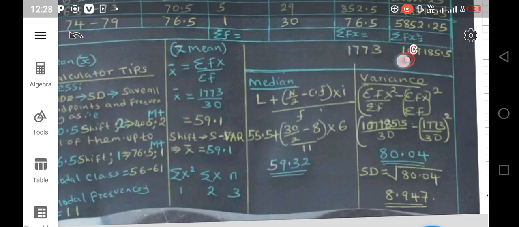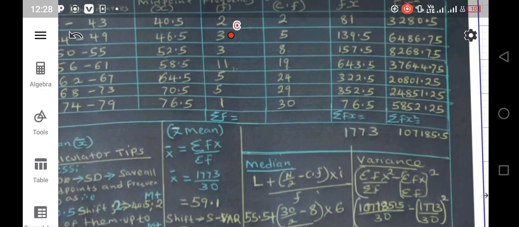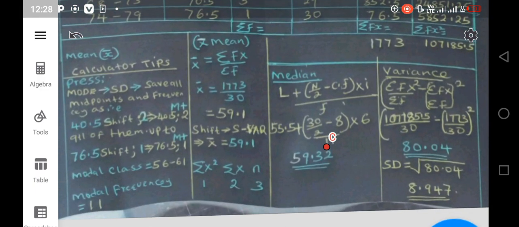After saving all the midpoints and the frequencies, you go to shift, there's a pattern there as sum. You place 1, it's going to give you this one. Whenever you place 2, it's going to give you this one. And whenever you place 3, it's going to give you the sample size. That's how we have done this.